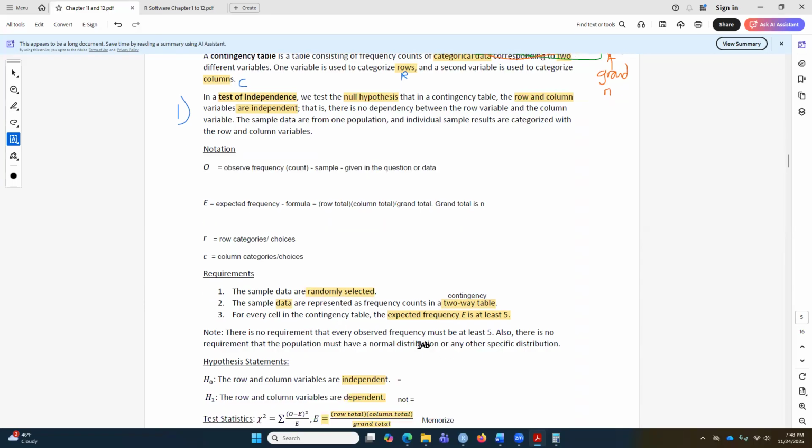There is also no requirement stating that the population has to be normally distributed and so on. In other words, you don't use CLT here. Remember, CLT needs normal distribution and more than 30 and all those things. CLT is only used for the mean, which is a quantitative variable.